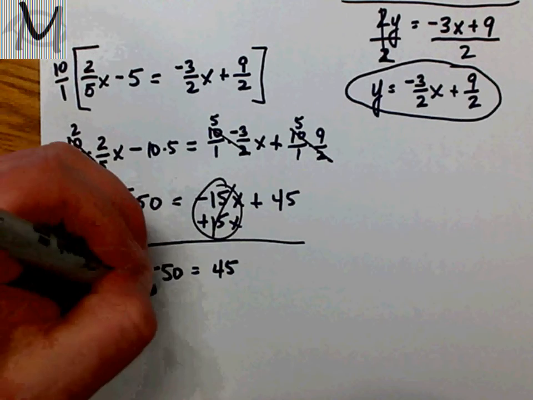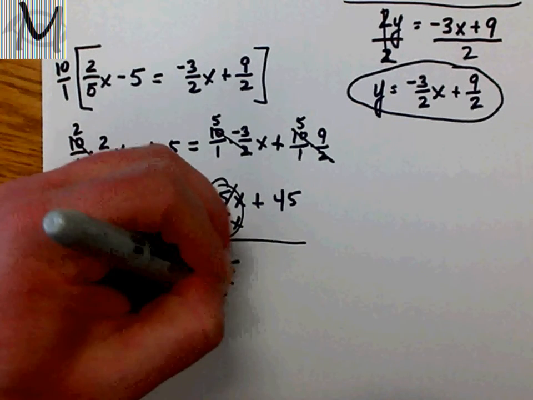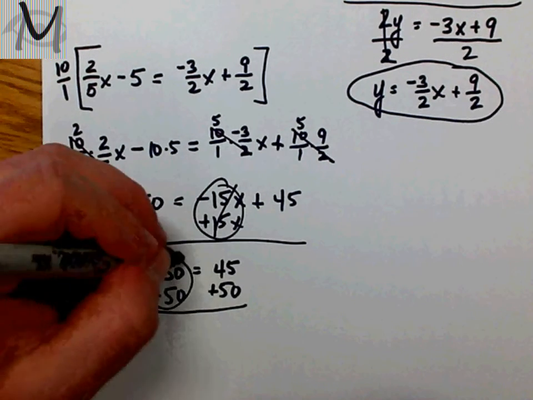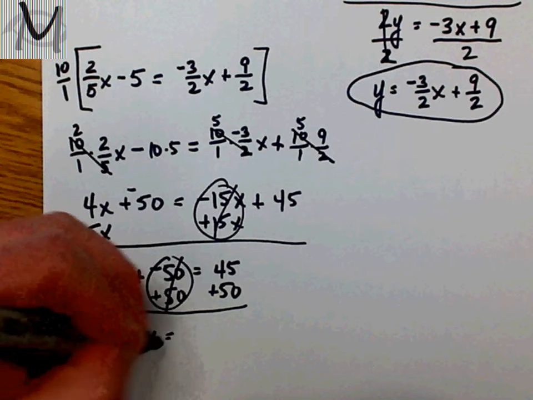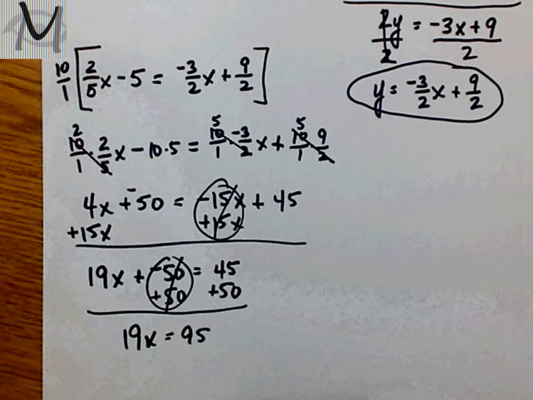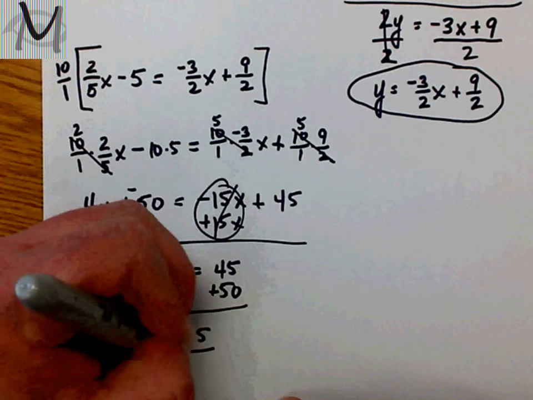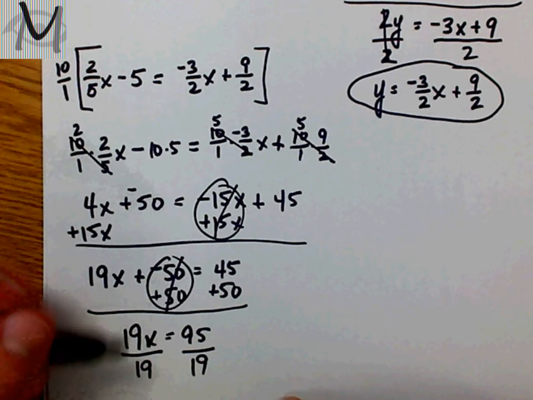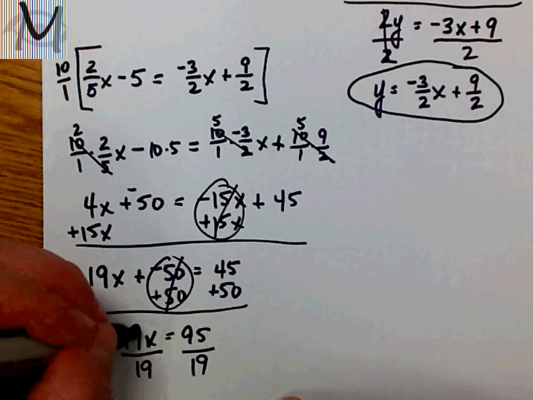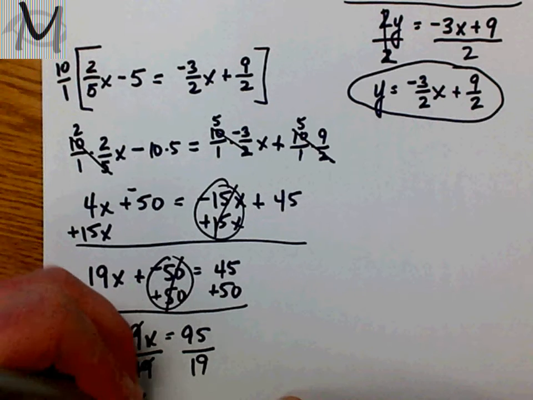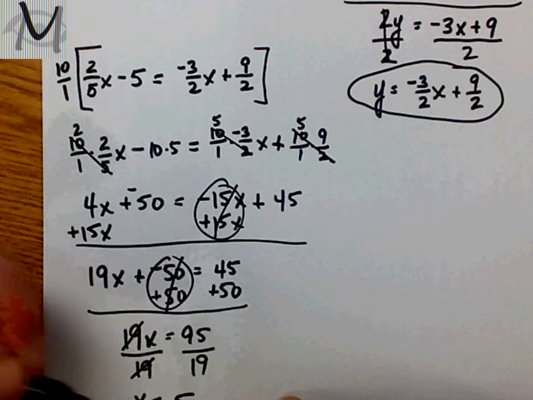I'm now going to add 50 to both sides. 19x equals 95. And I'm going to divide both sides by 19. And x equals 5.